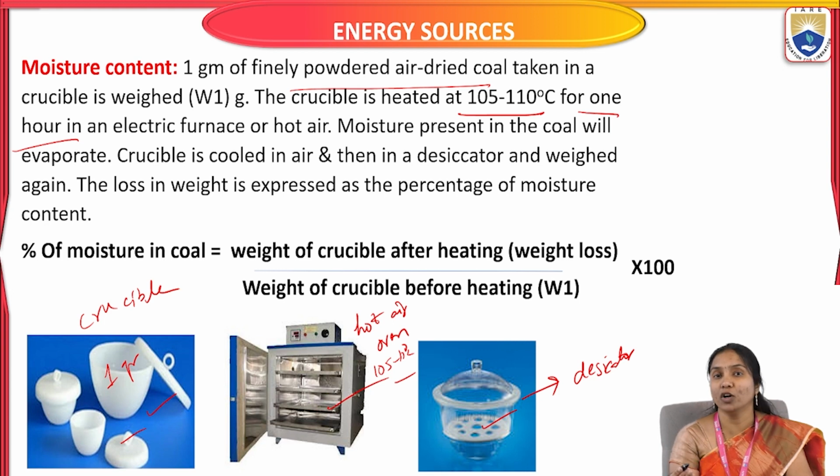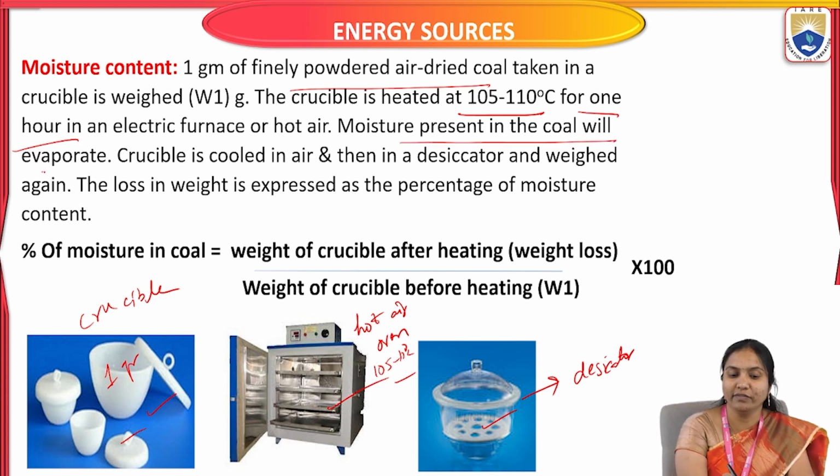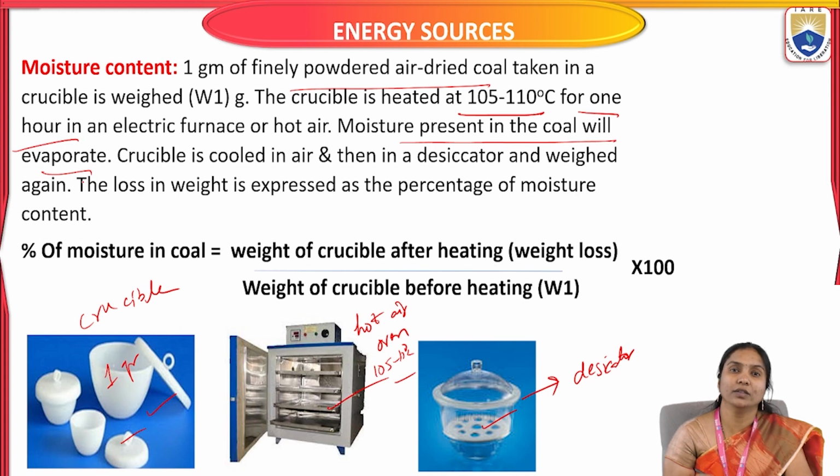If moisture is present in the coal sample, it will evaporate. Then the crucible is cooled in air, then in a desiccator, and weighed again. The loss in weight is expressed as the percentage of moisture present in the coal sample.